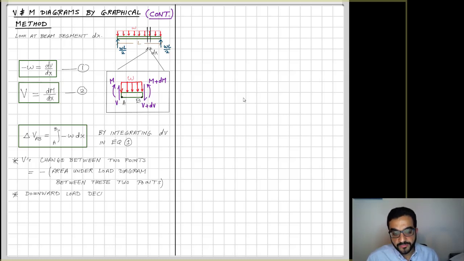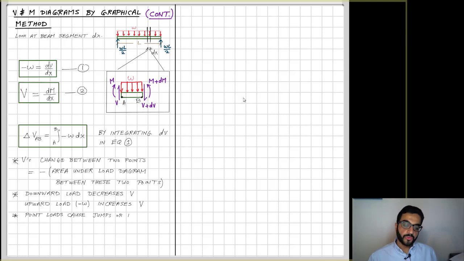And also we have to remember that downward load decreases V and upward load increases V. That negative sign in the formula flips it, so when the load is positive, which means it's going down, that decreases V. So we follow the same direction of W to figure out how V is going. Is it decreasing or increasing? So W goes down, V goes down. If W goes up, then V goes up. That's how I can figure out if my V increases or decreases.